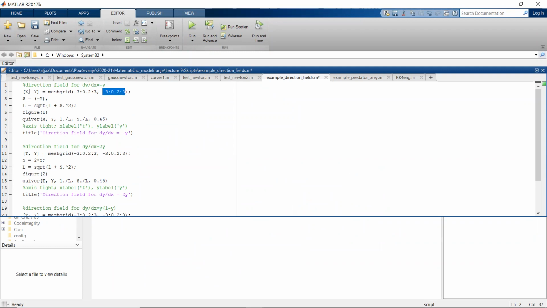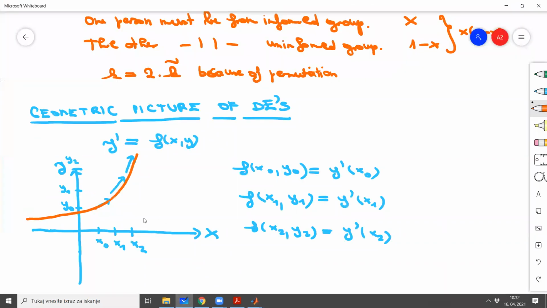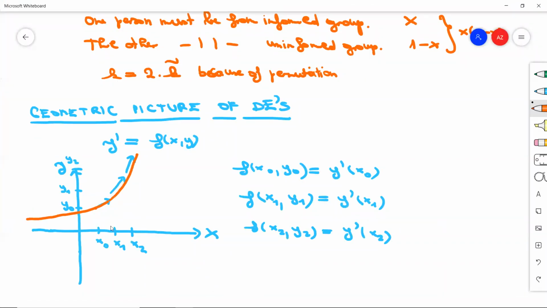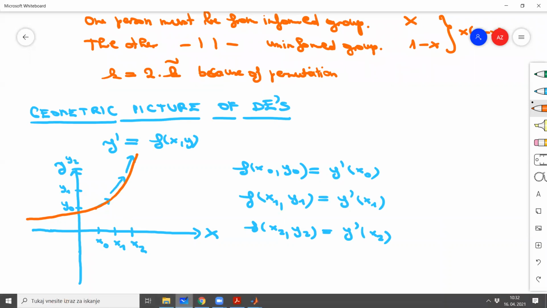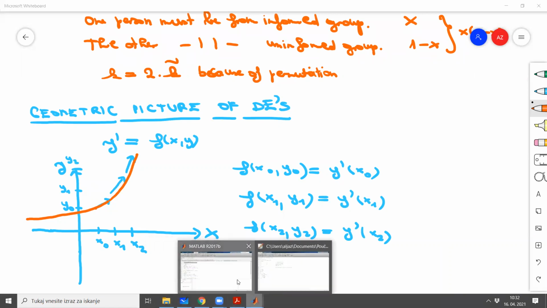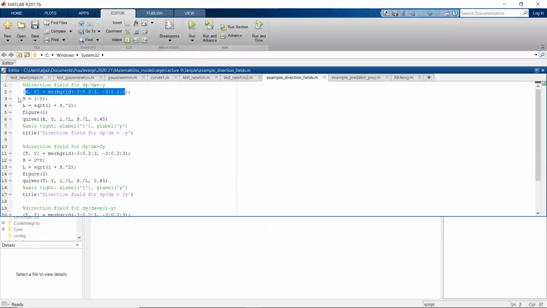So what I'm computing here is the grid of x0, y0, x1, y1, x2, y2, and so on, on the interval between -3 and 3. And then here I compute the values of the slopes of the tangents at each of the points of the grid.